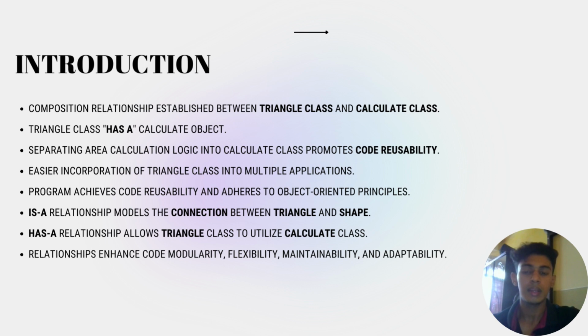Another thing is easier incorporation of the triangle class into multiple applications, and the program achieves code reusability and adheres to object-oriented principles. The IS-A relationship models the connection between the triangle and shape. The HAS-A relationship allows the triangle class to utilize the calculate class. So the final step is that the relationship enhances code modularity, flexibility, maintainability, and adaptability.